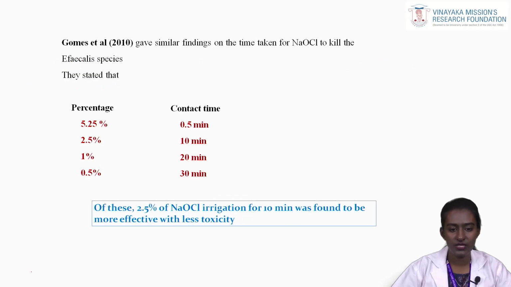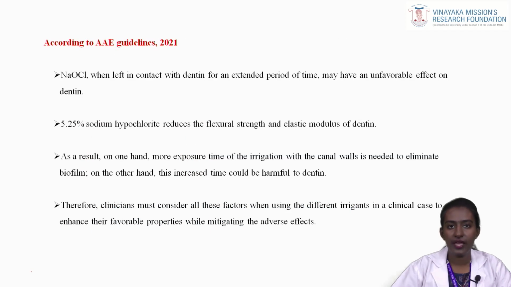According to Gomes et al., 2.5% sodium hypochlorite irrigation for 10 minutes was found to be more effective with less toxicity. According to the AAE guidelines of 2021, sodium hypochlorite left in contact with the dentin for an extended period of time was found to have an unfavorable effect on the dentin. 5.25% sodium hypochlorite reduced the flexural strength and the elastic modulus of the dentin.